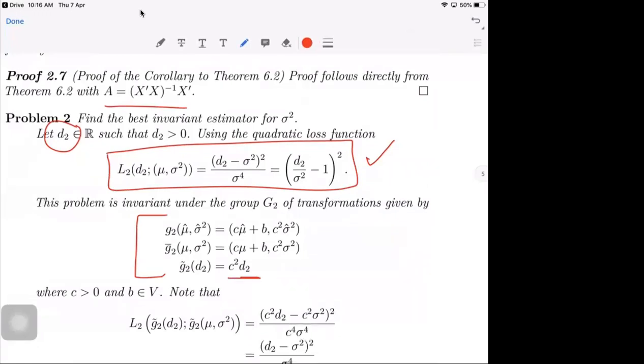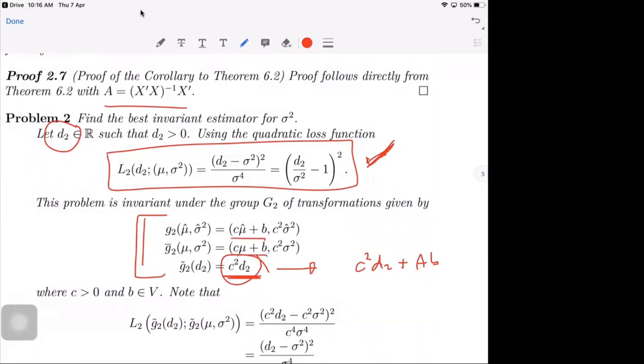So the transformation on your parameter, if you are going to use this loss function, is C squared D2. Okay, C squared D2.